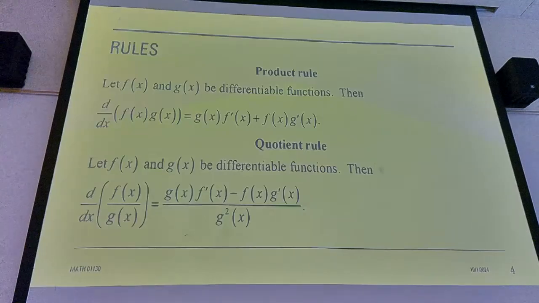These rules allow us to differentiate polynomials and rational functions very easily now, as well as any function that involves powers. So any power function as well.